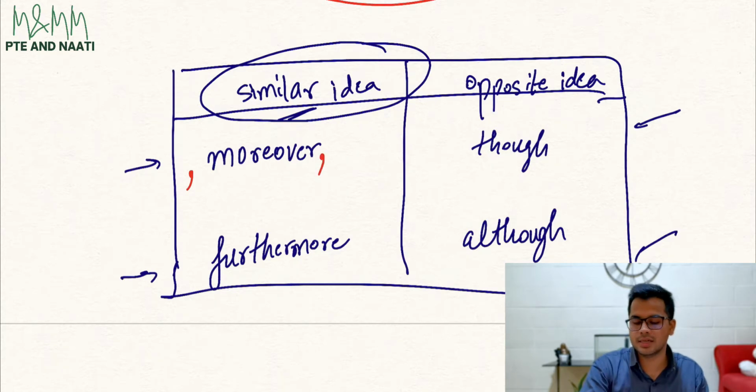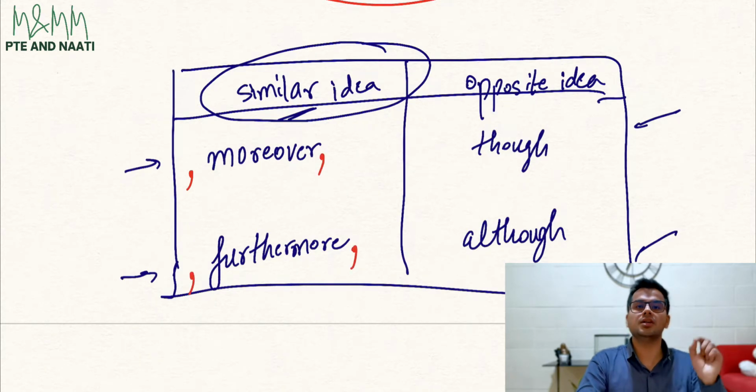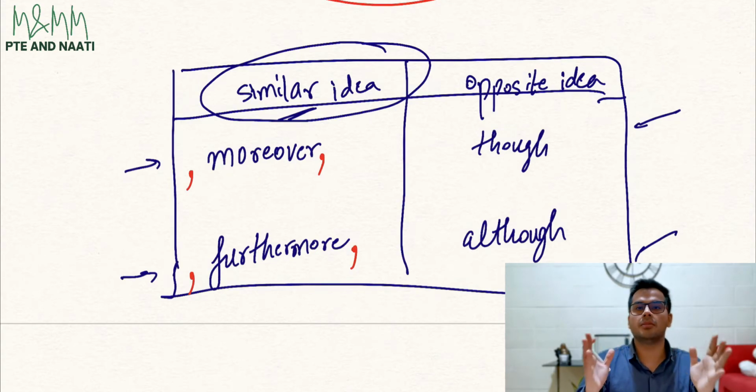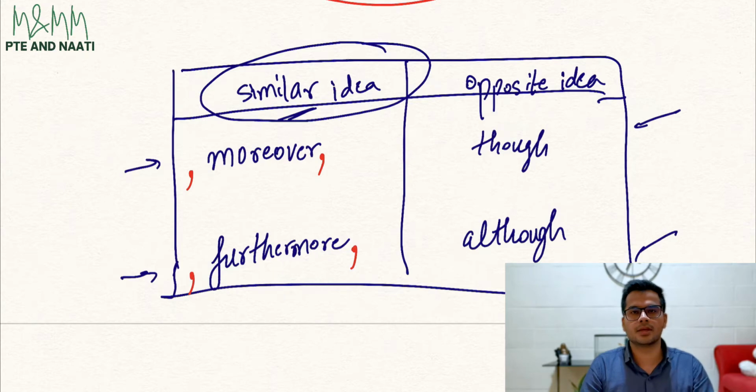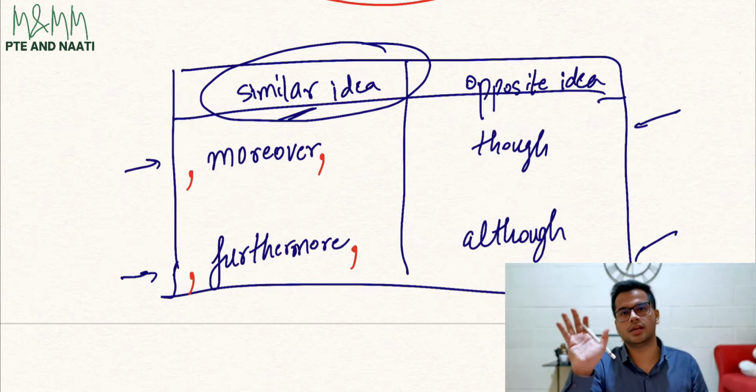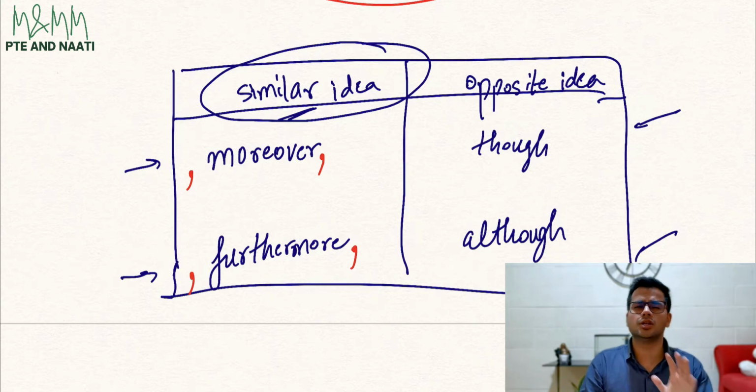Why did I say to use moreover and furthermore? The reason is a simple grammar rule that you need to keep in mind: there are commas on both sides. Wherever you use these connectors, moreover and furthermore, you have to put a comma first and a comma at the end. There is no exception.